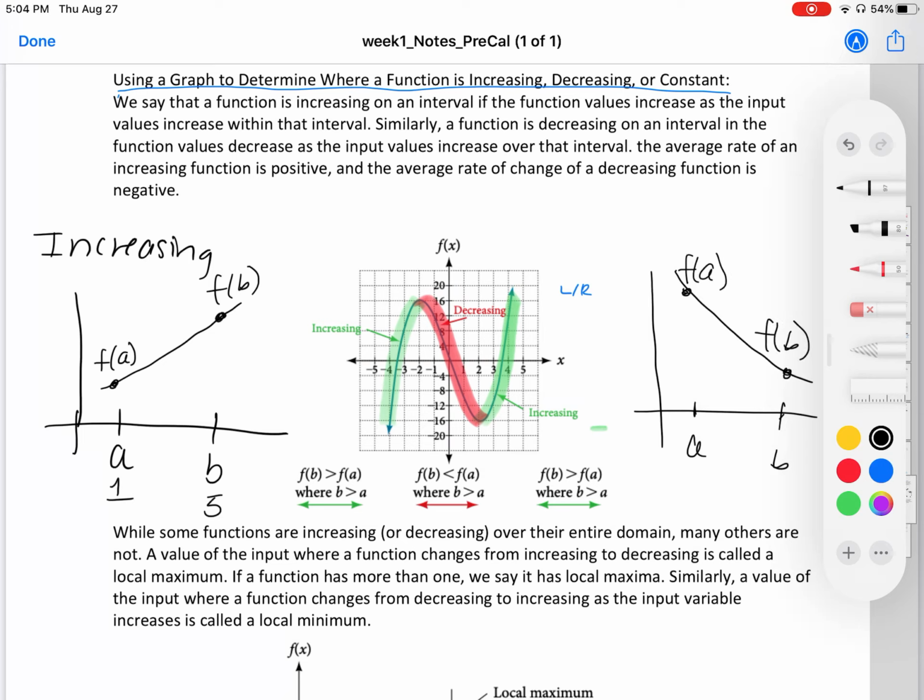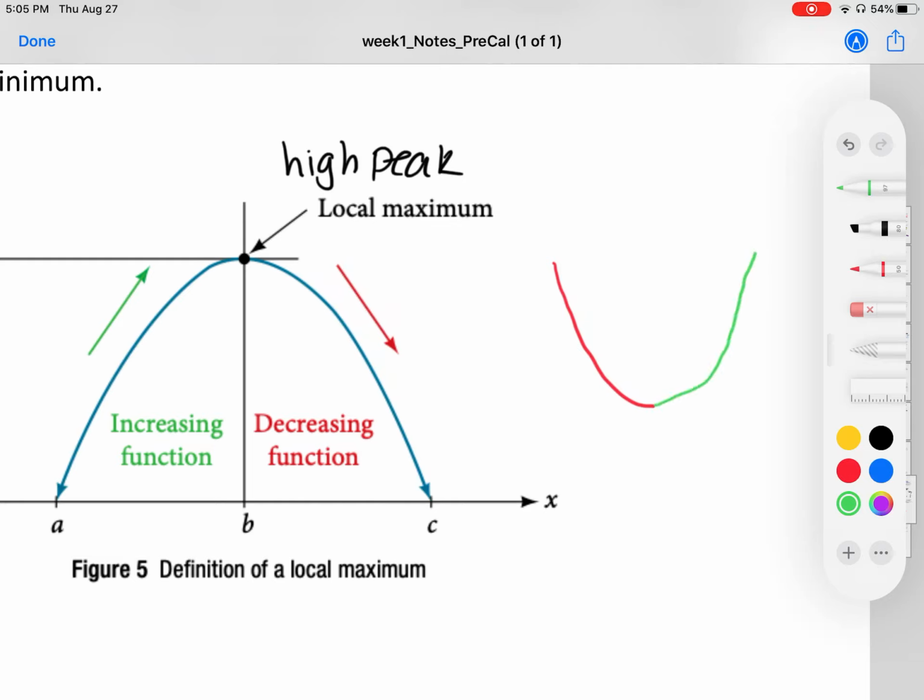And what your next statement goes on to say is if I go from something that is decreasing to something that is increasing, it's going to give you what's called a local minimum.